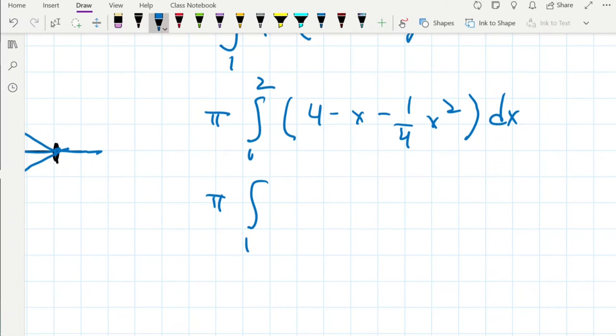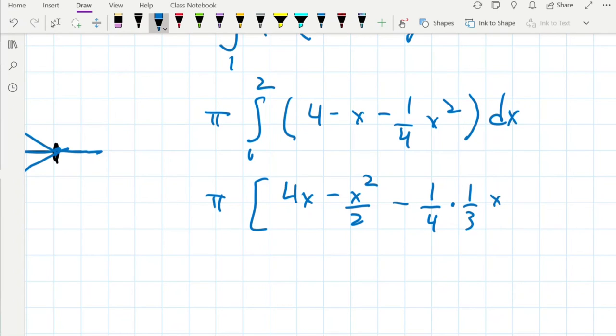Actually, we can just integrate it from there. I'm looking at it like, should be fine. So we're going to get 4x minus x squared over 2 minus 1 over 4 times 1 over 3 x to the third, all from 1 to 2.